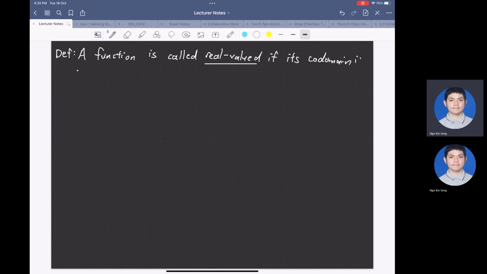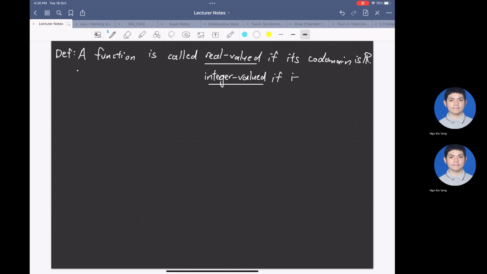Maybe I just say it's R. And then integer value, it is Z. So depending on where the function lands, we'll call it real value or integer value.